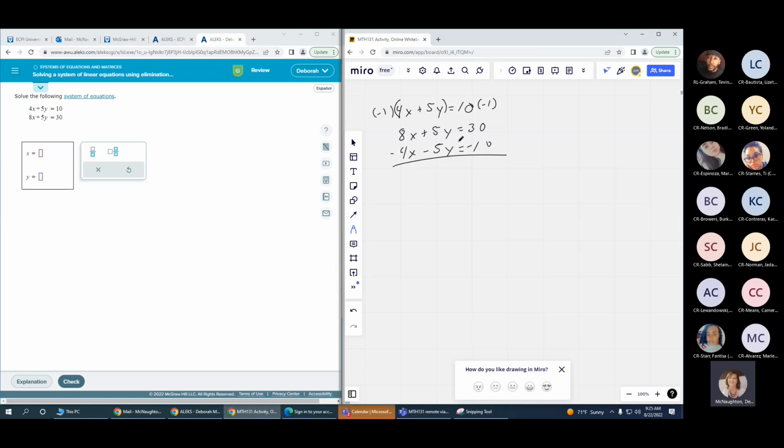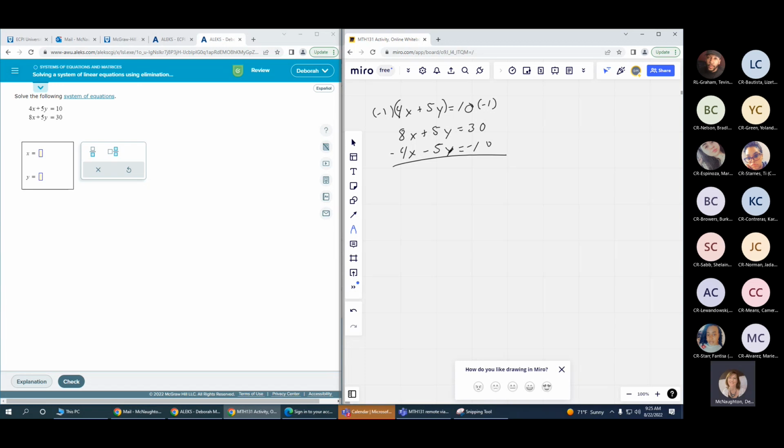That's our goal: to add our two equations together and get rid of a variable, so I can find this solution.